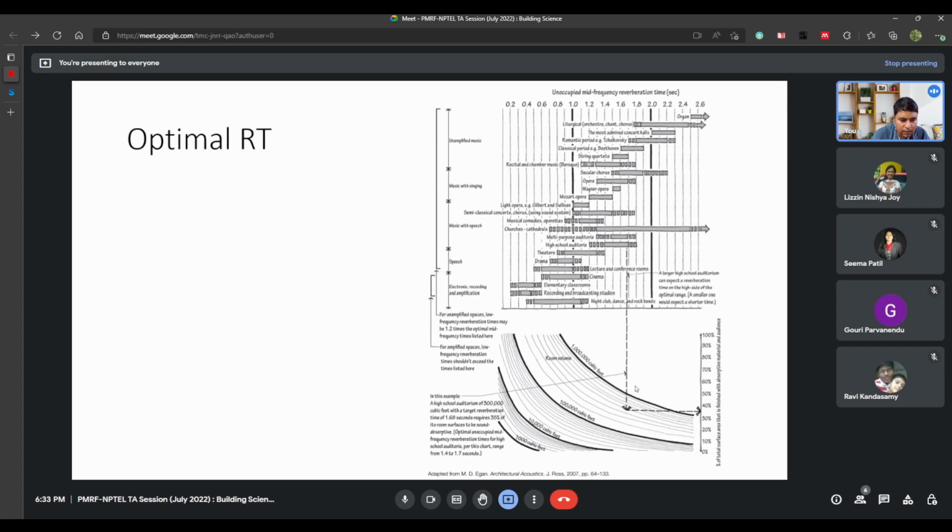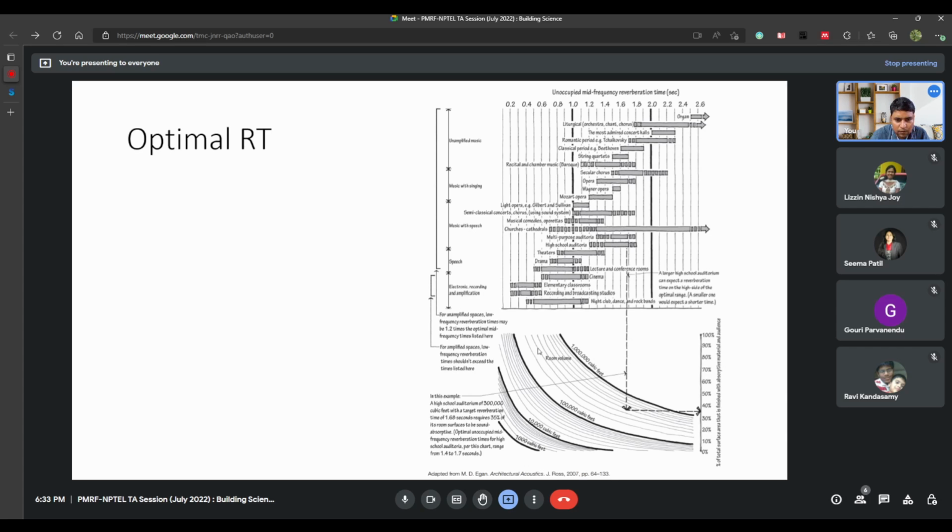It shows that if you treat around 35% of the whole space with proper absorptive materials, you can achieve that particular reverberation time.